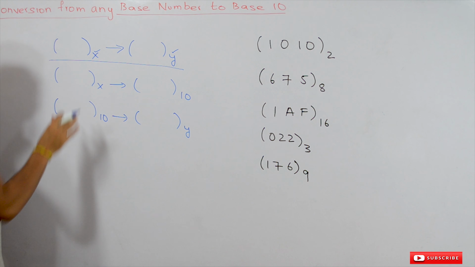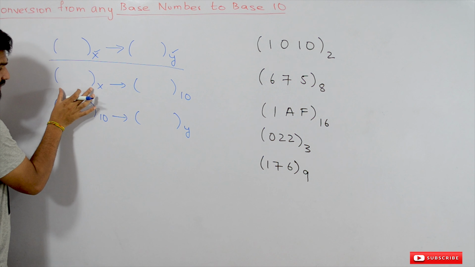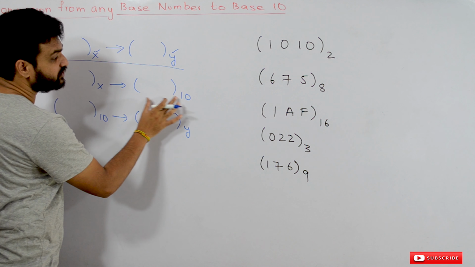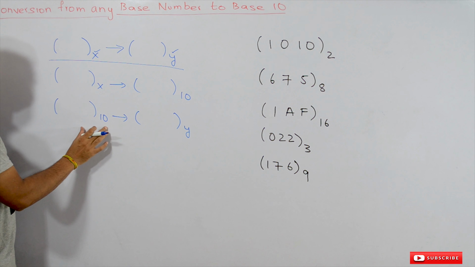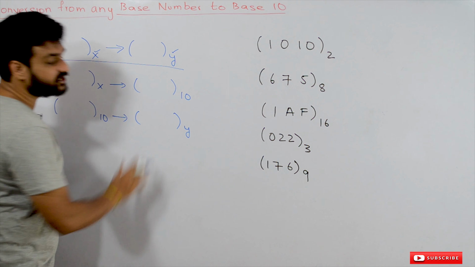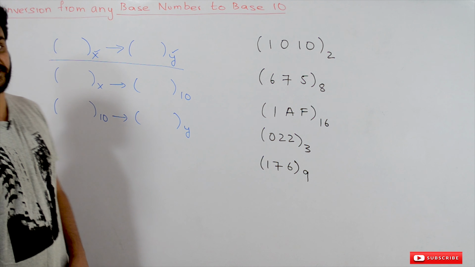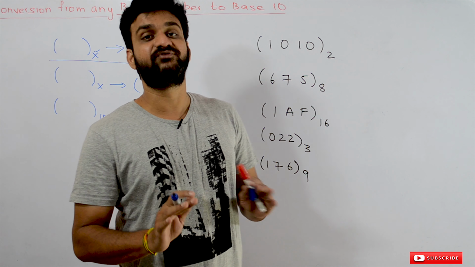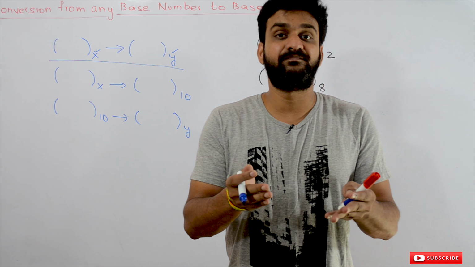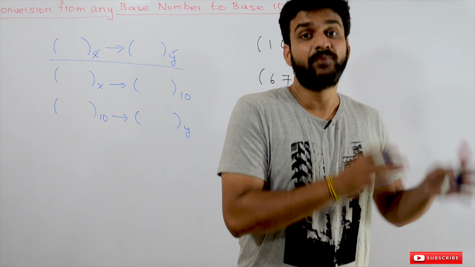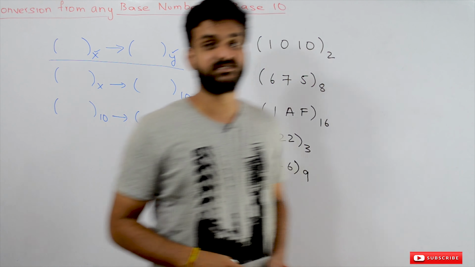How to do that is, the number in base x has to be converted into base 10, and the base 10 number has to be converted into base y. This is the procedure that we need to follow in order to convert a base x number to base y.